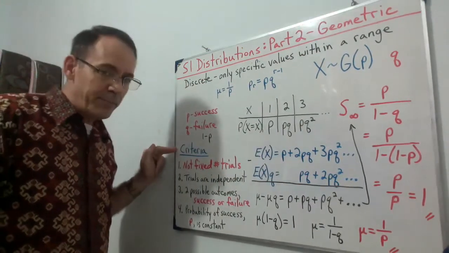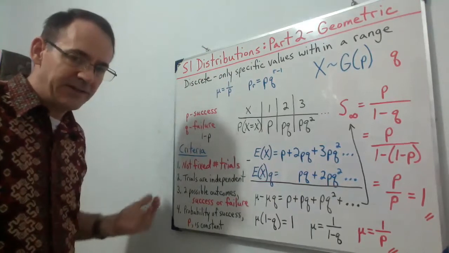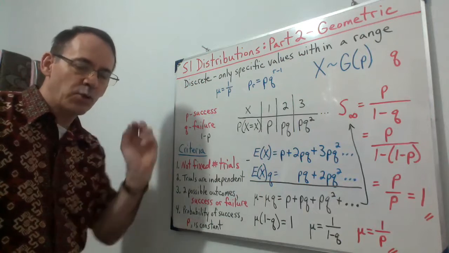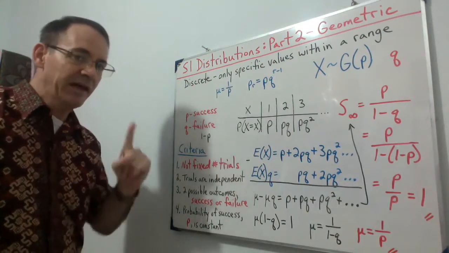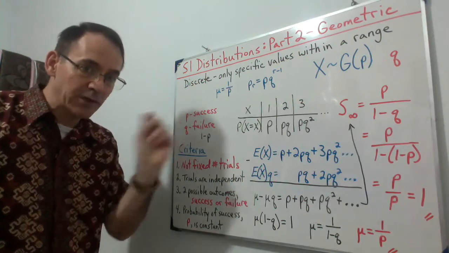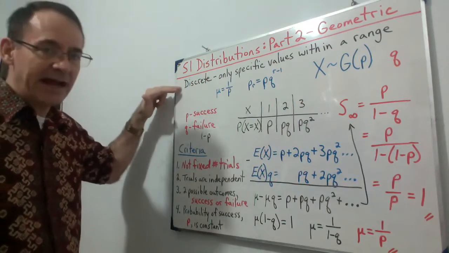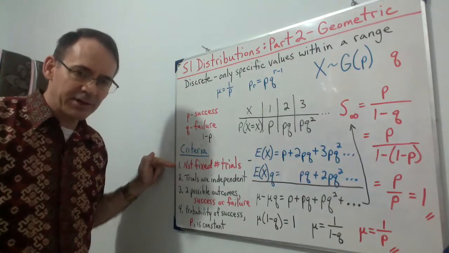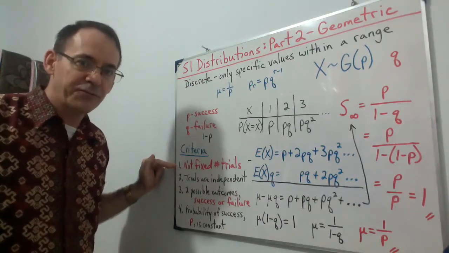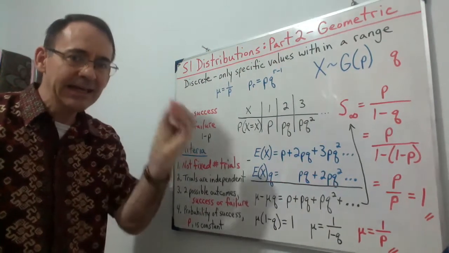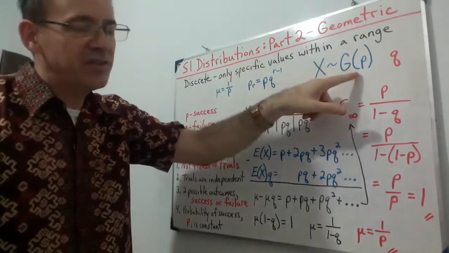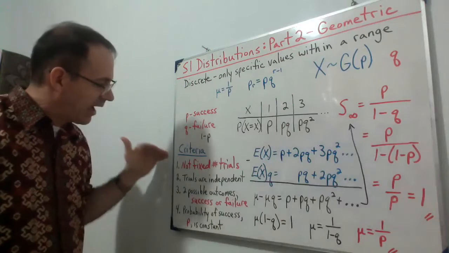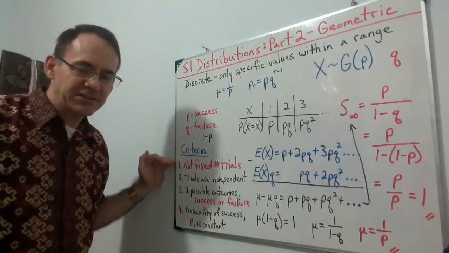Then remember, with the binomial, there were 4 criteria, of which 3 of the 4 are the same with the geometric. The one that's significantly different, which is our second question after we determine discrete, is the number of trials. In the binomial distribution, there was a fixed number of trials. You had n trials, and so you would see n and p in the parameters. Now, there is not going to be a fixed number of trials.